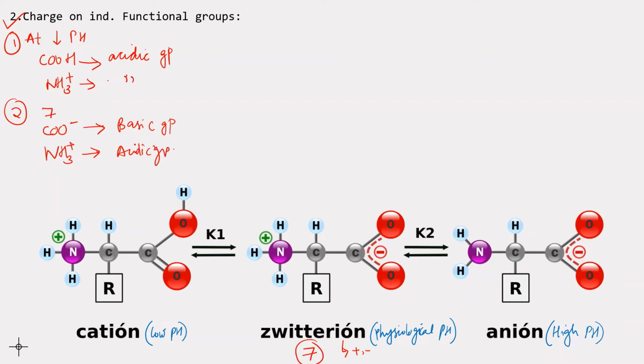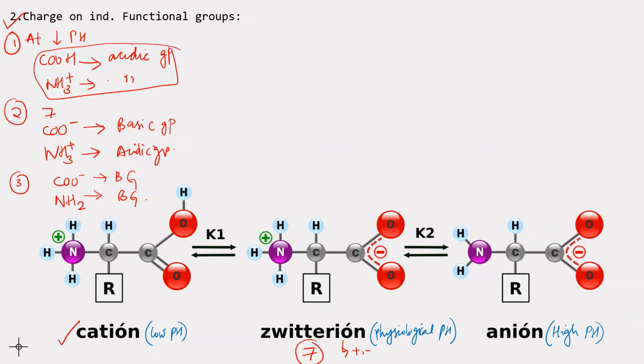In the third condition, the carboxylic acid is as it is because it has already lost its proton, so this is a basic group anyways, and the amino group has also lost its proton, so it has turned into NH2. Now this also has turned into a basic group. In the first one, we see that it is an acidic group, hence it's a cation.